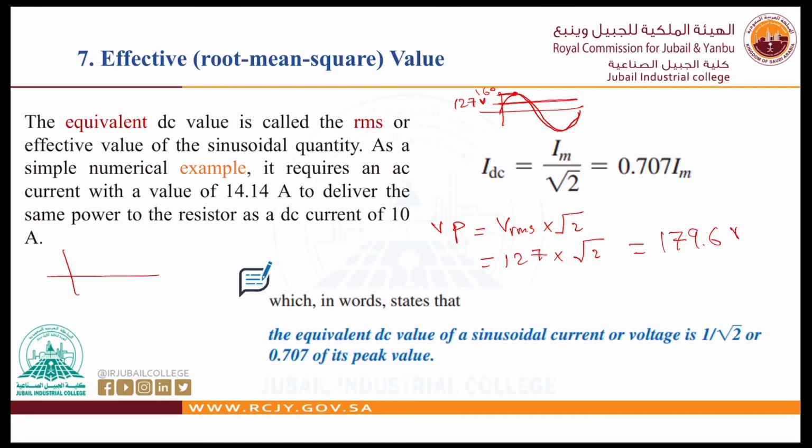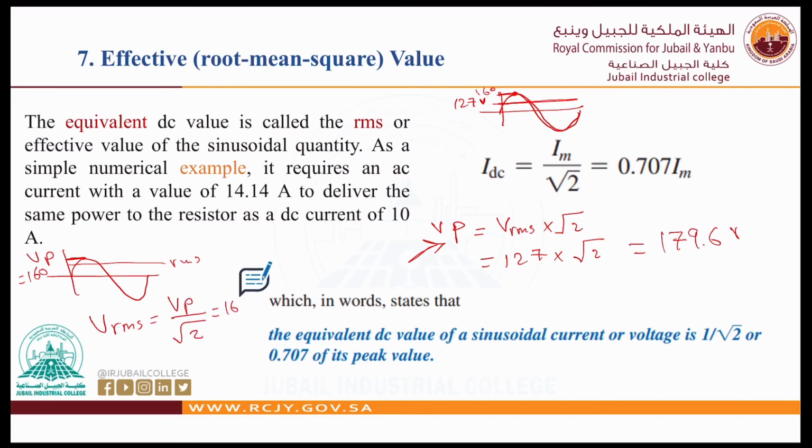Now, because we are talking about the root mean square, which is the RMS value, let us have a small example here. Let us say that the V peak is equal to 160. What is the RMS value? From this formula, the VRMS, the effective value, is equal to V peak over root 2.